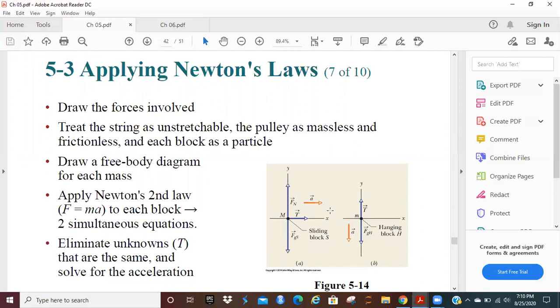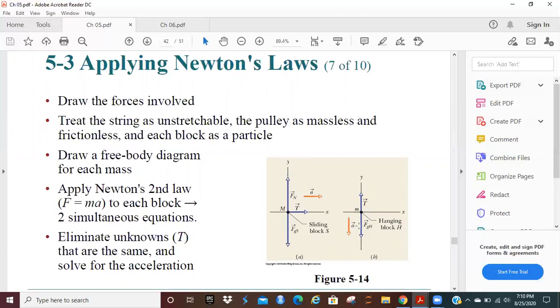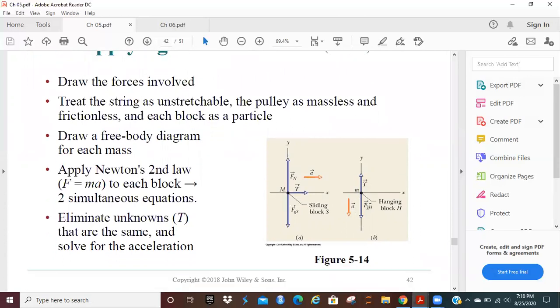There's only one force being applied in the x direction. That means the acceleration of that block must be this way. If we look at the free body diagram for block little m, we see the tension going this way, and we see the force of gravity going this way. If this block is moving this way, then this block has no choice but to move this way.